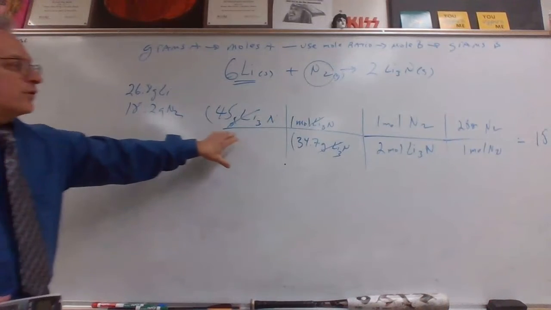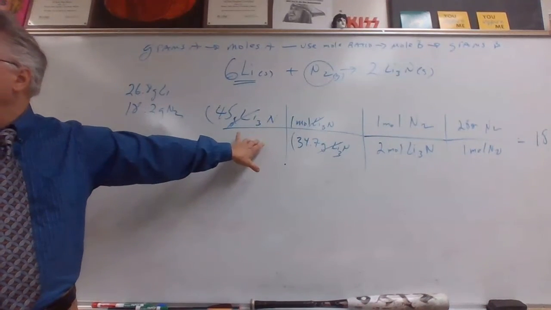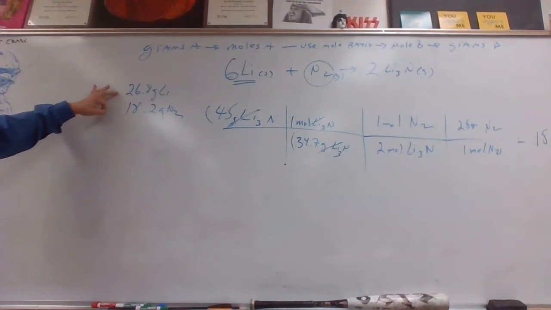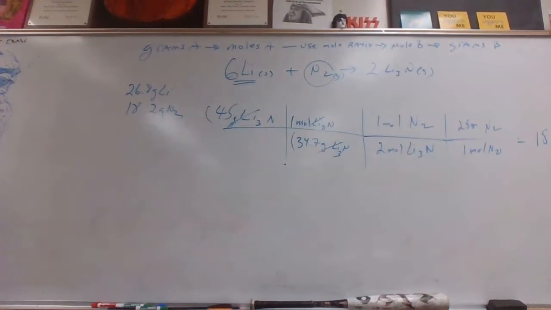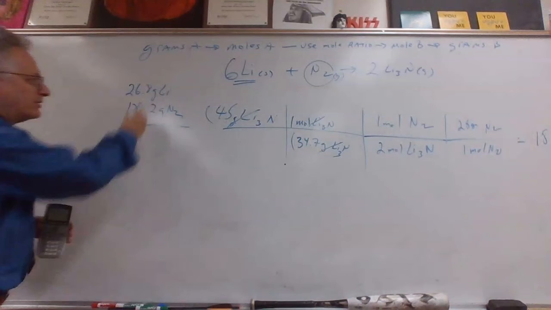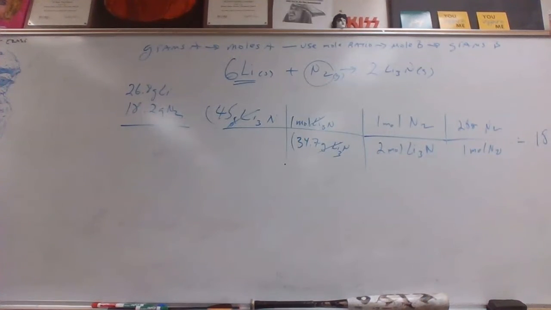So in order to make 45 grams of lithium nitride, I would need to use 26.8 grams of lithium and 18.2 grams of nitrogen. Just do me a favor, if someone has a calculator, add those two numbers up. Or you don't even need a calculator.